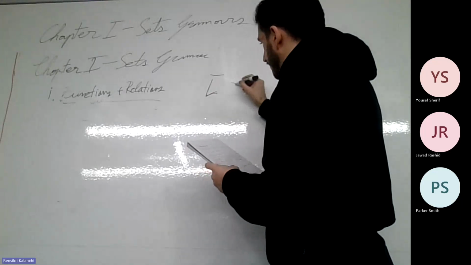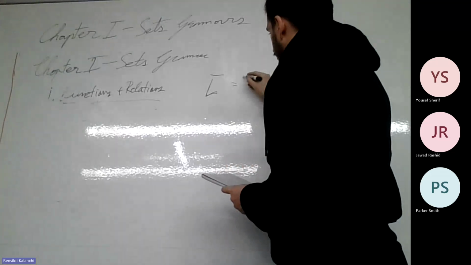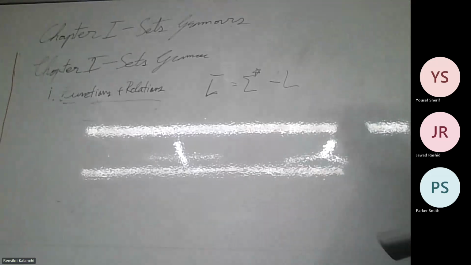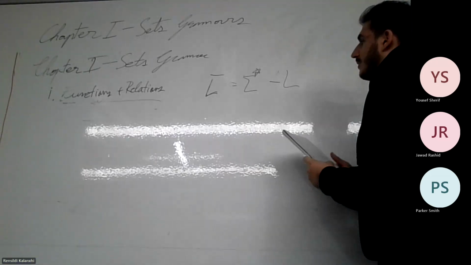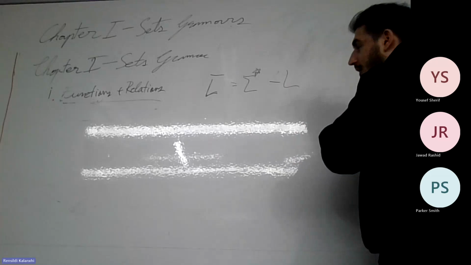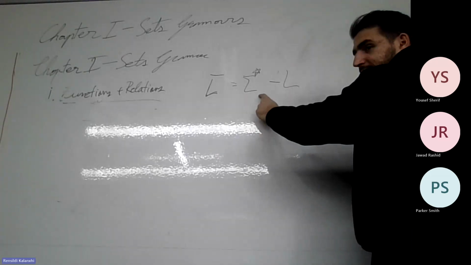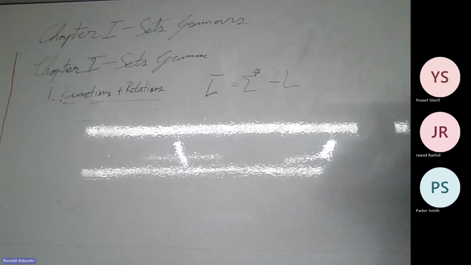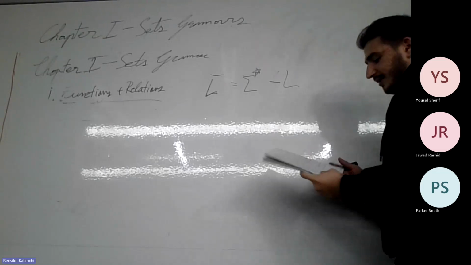So for the language with a not sign, it is going to be equal to sigma star minus L. So everything excluding L. This means that the alphabet can have any combination of strings, the star.